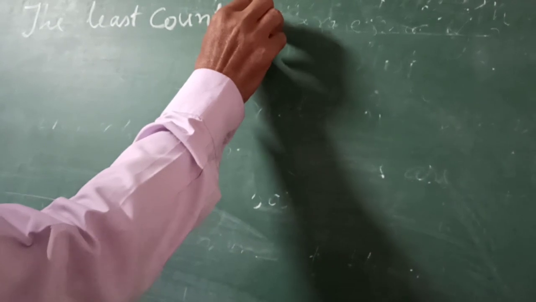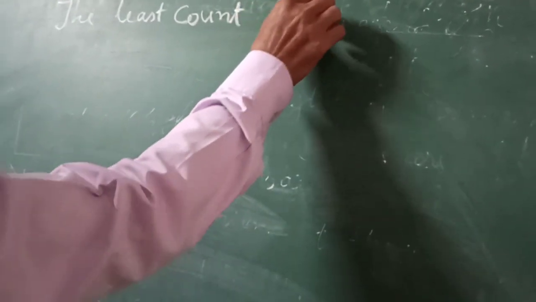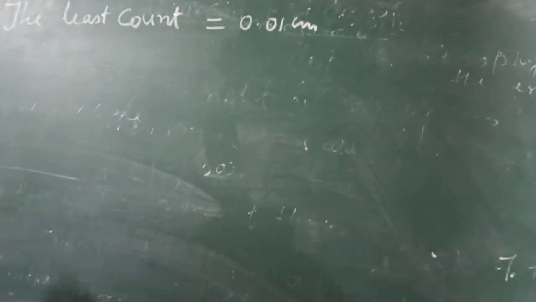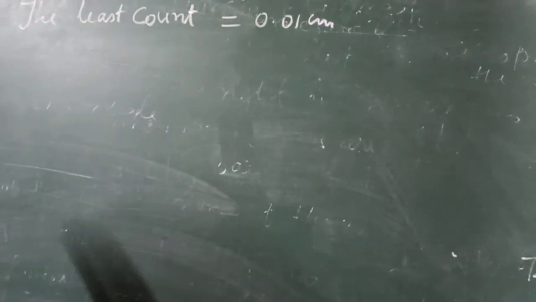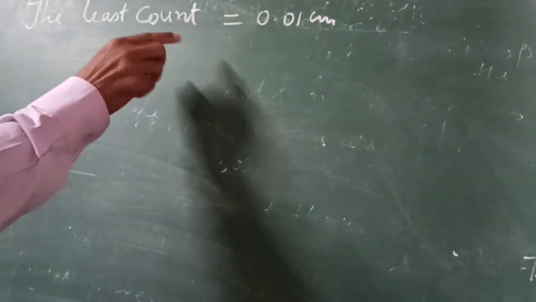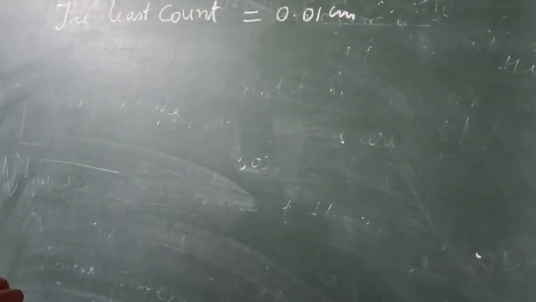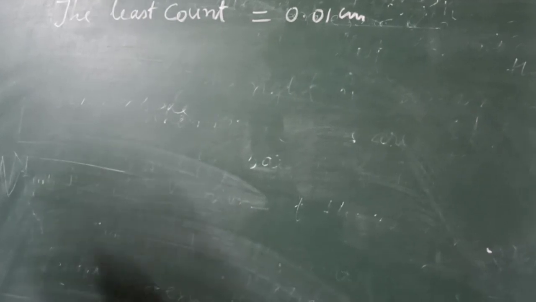The least count of vernier calipers is equal to 0.01 centimeter, and the fourth division of the vernier scale coincides with the main scale.